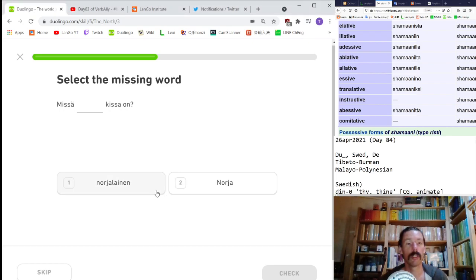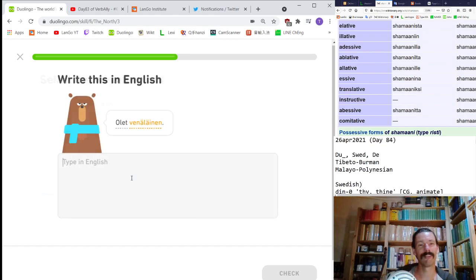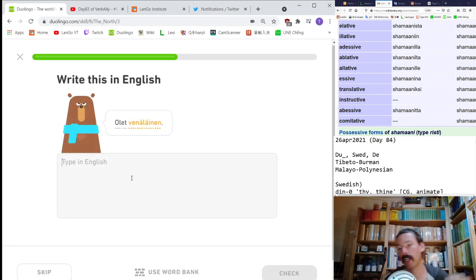Norja Kissa on. Kissa, I forget. Cat. Okay. So the adjective form Norjalainen. Where is the Norwegian cat? Olet, you are Venelainen. You are from Russia. You're Russian.